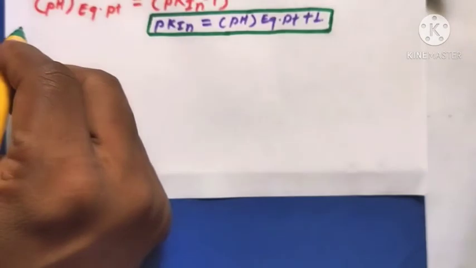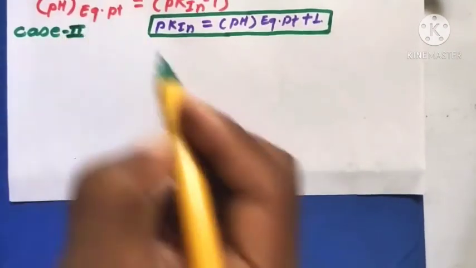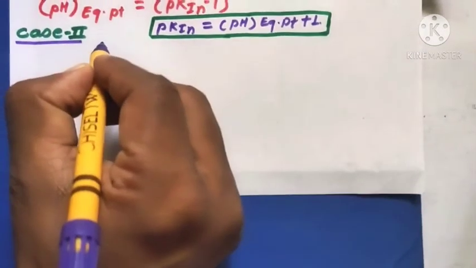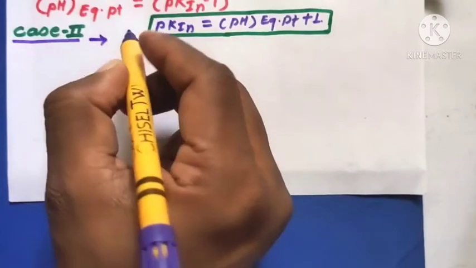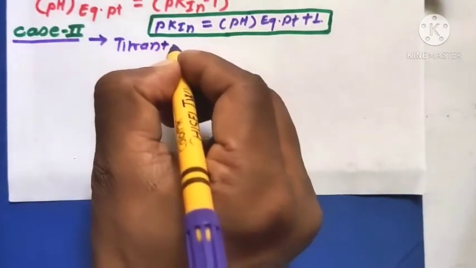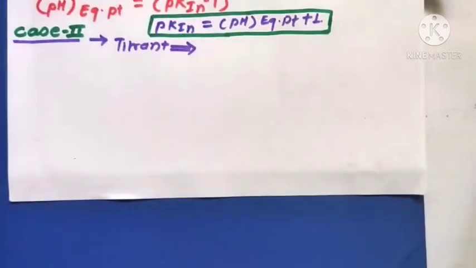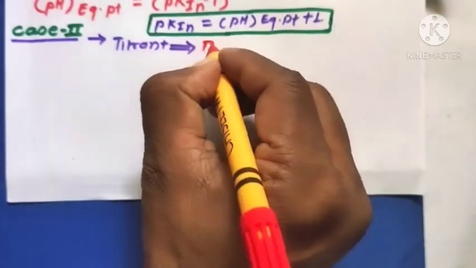Now in case second, the nature of the titrant is a base. Then as the titration proceeds, the pH of the solution will increase.